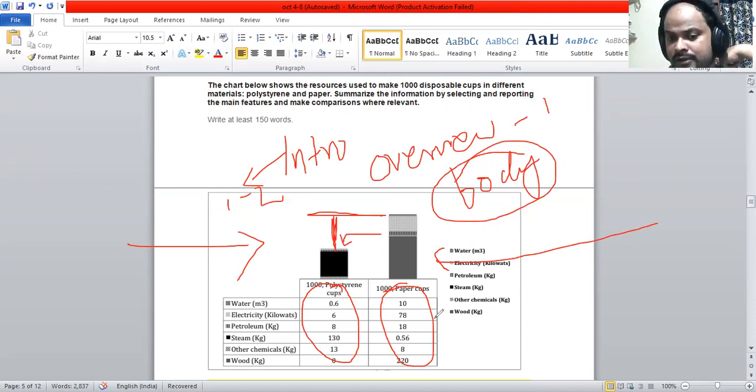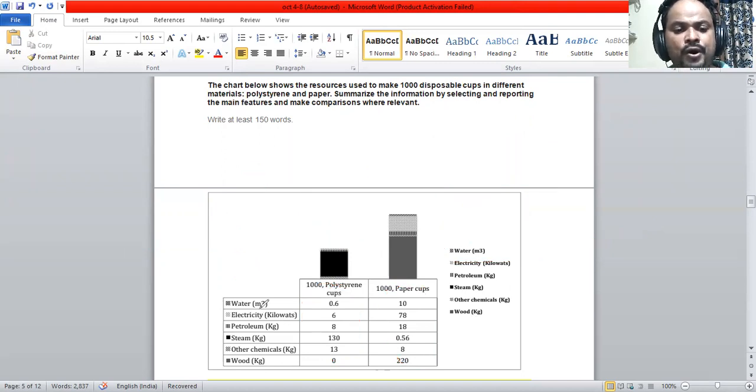Now we are going to do it in a different way, in order to avoid repetition of the words we used. Which are the things we need more of for polystyrene, 1, 2. Which are the things we need less of for polystyrene, 1, 2, 3, when compared to paper cups.